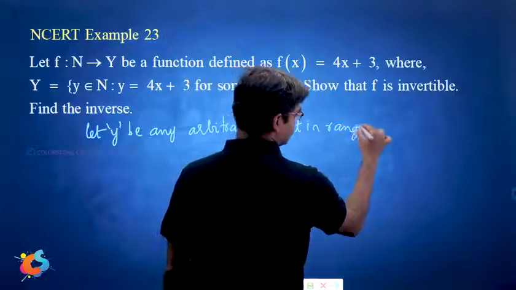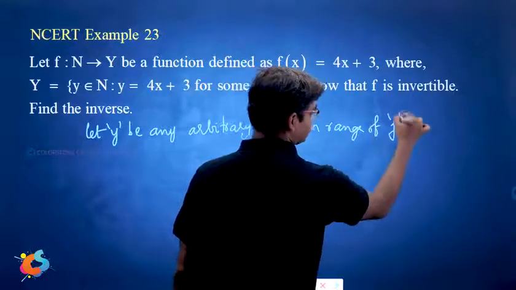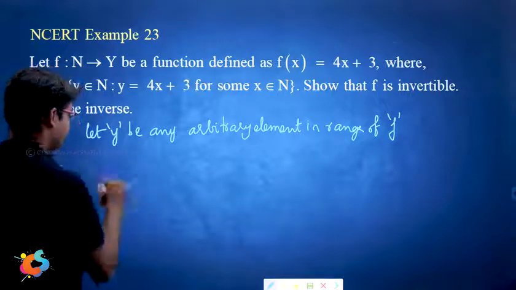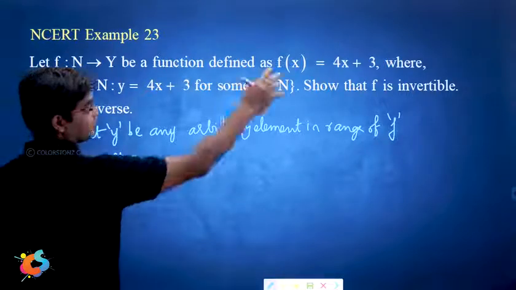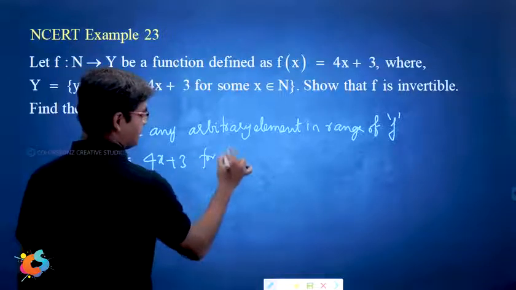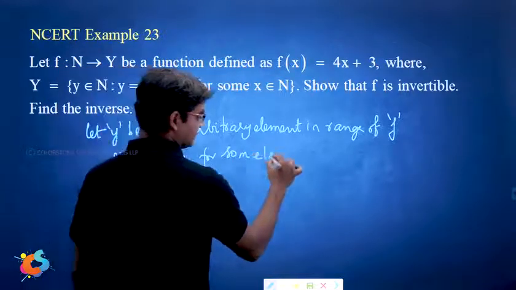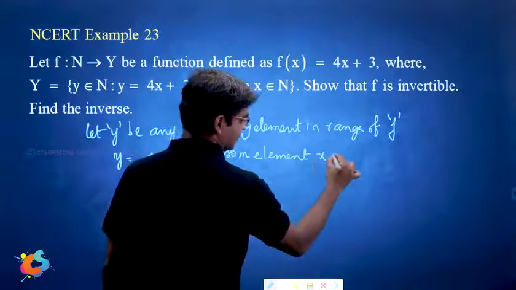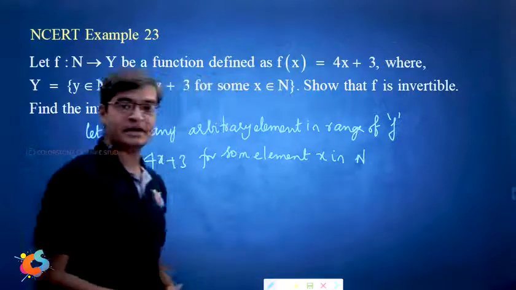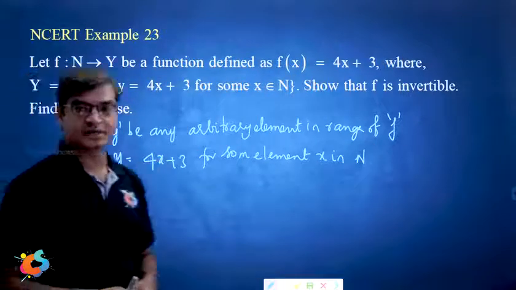Okay, so this will be the first line. Let y be any arbitrary element in the range of f. y is equal to whatever is this function, 4x plus 3, for some element x in domain, and that will be n. Okay, for some element x in the domain, y will be 4x plus 3.